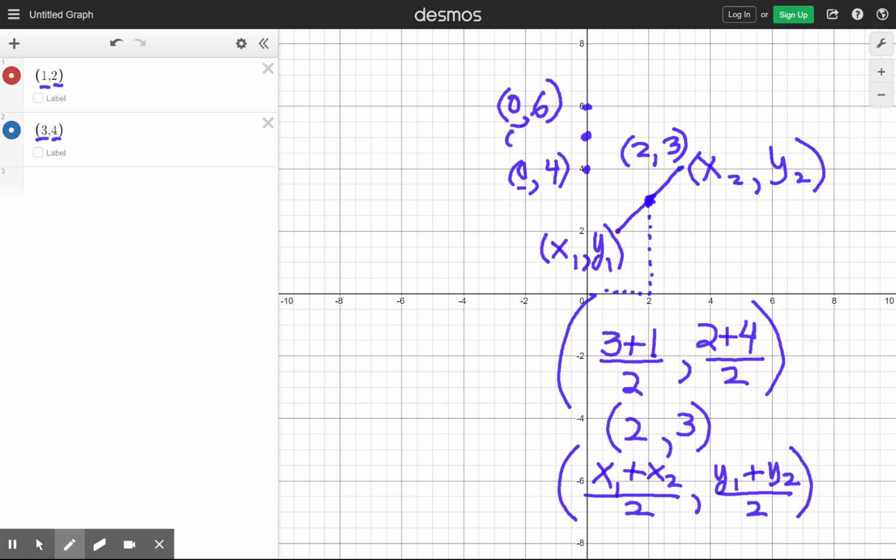So the midpoint between (0, 4) and (0, 6) is the point (0, 5). And I'll label this. This is the midpoint formula. Again, this is a formula that I recommend you put on your note card for the exam.